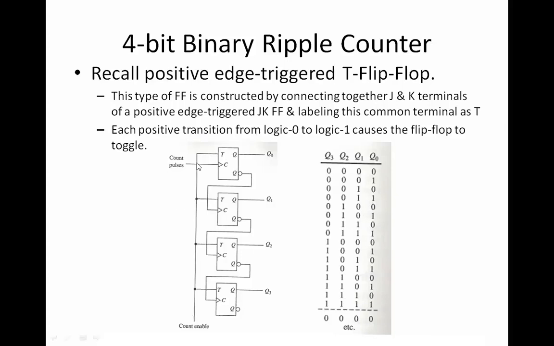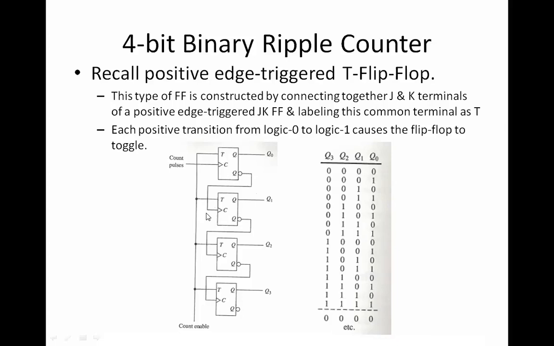If you give 1, then 1 is passed; if you give 0, then 0 is passed to T. All these are connected in parallel. But for this value to be passed to the next level, we need the clock to be enabled. For the clock to be enabled, the output from Q bar should be high.